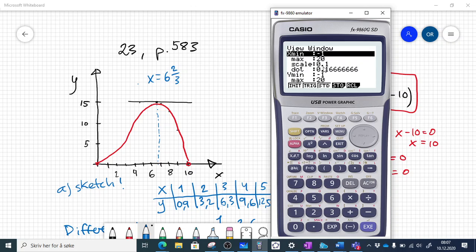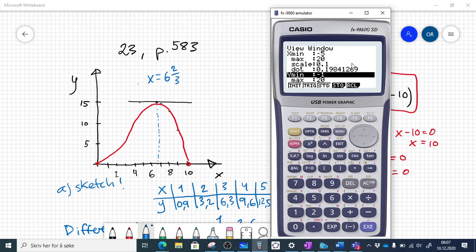You can change the view settings. There could be a negative side of the x-axis, but you can't be on the negative side of the y-axis. Just set the x minimum to 5, the max to 20.